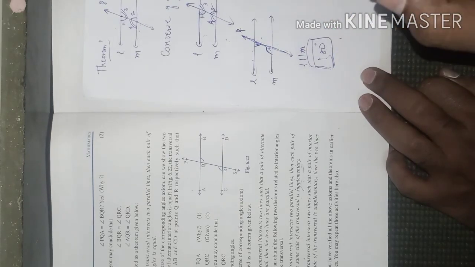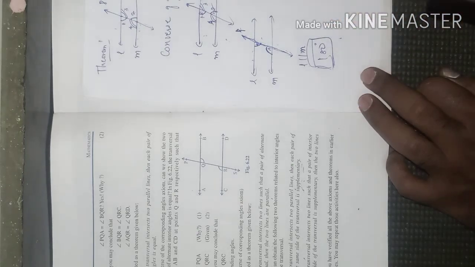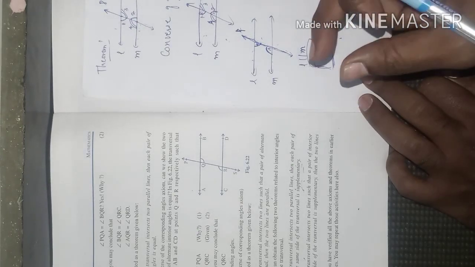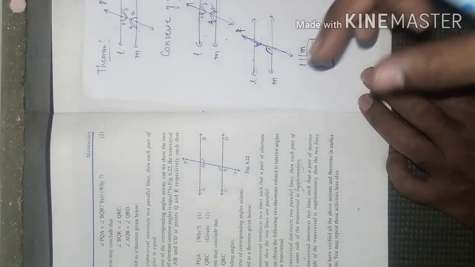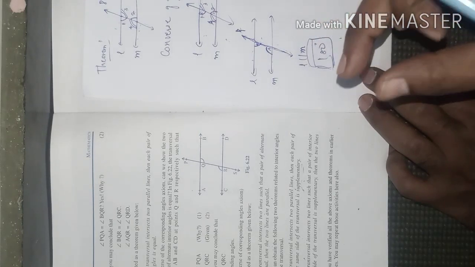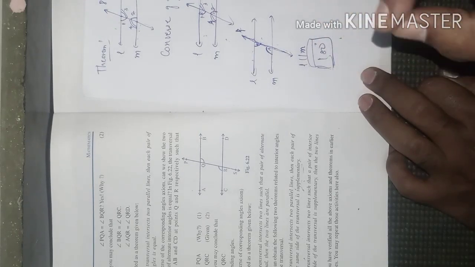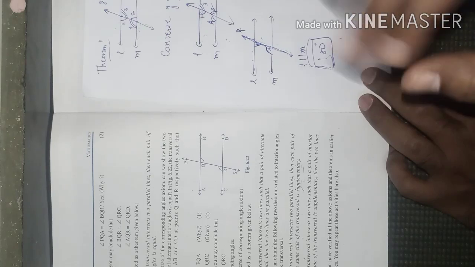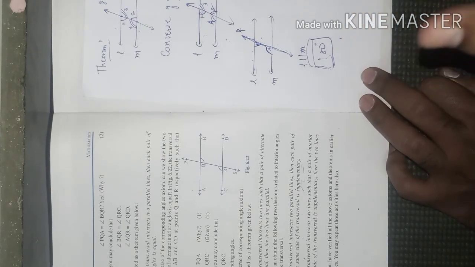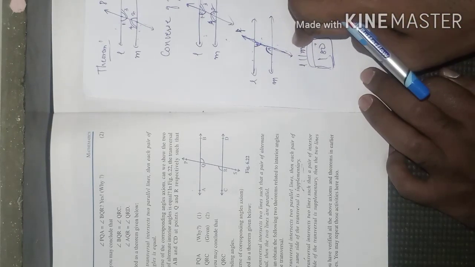Each pair of angles formed on the same side of the transversal is supplementary. Now we will see the converse of this, what the converse says.